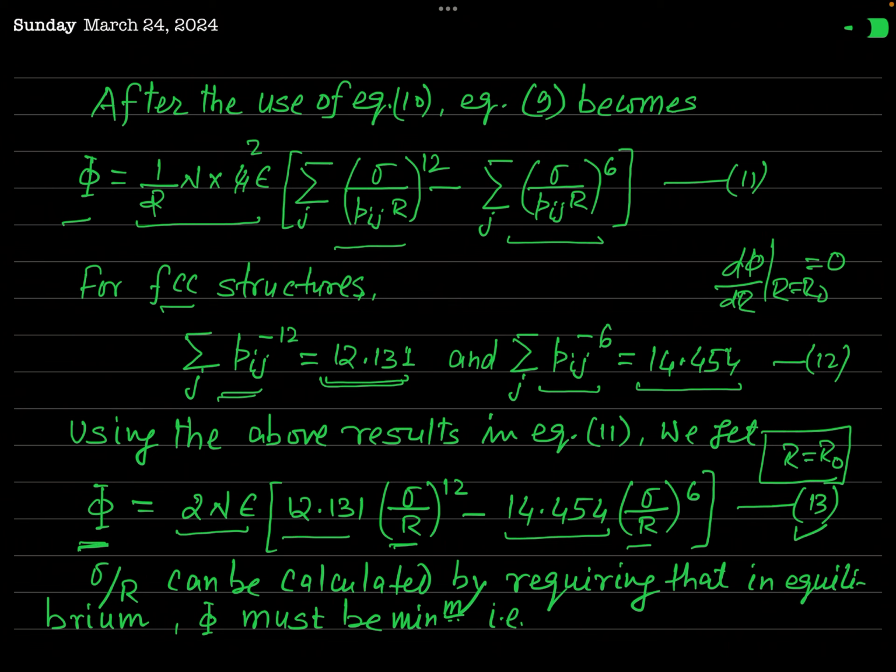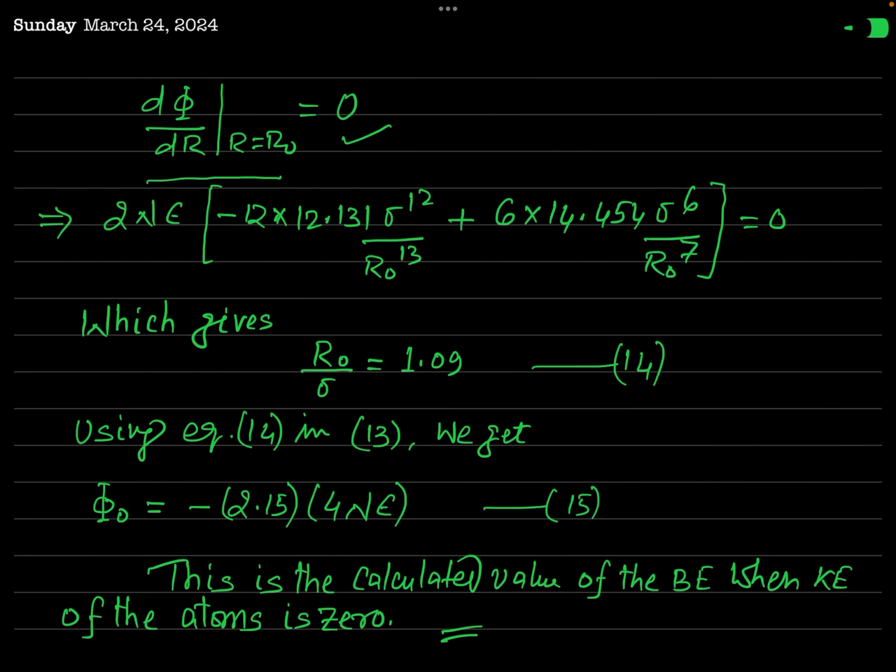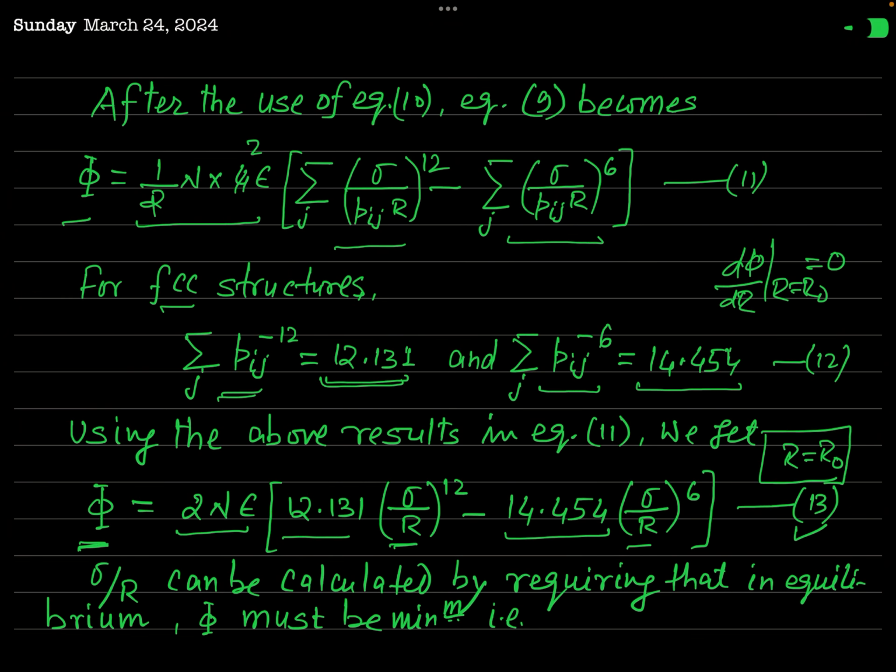In the first term, there is 1 by R to the power 12, which means R to the power minus 12, and its derivative will be minus 12 by R to the power 13. So the first term becomes minus 12 into 12.131 σ to the power 12 divided by R naught to the power 13.